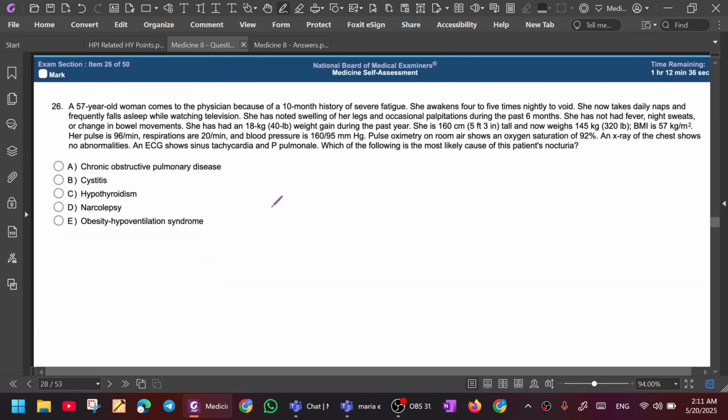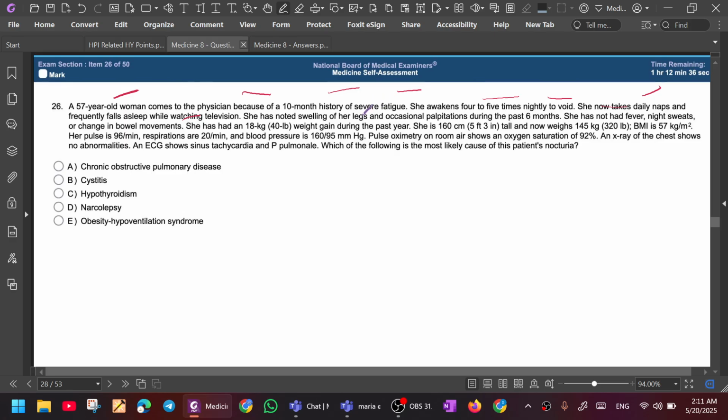A 57-year-old woman comes to the physician because of a 10-month history of severe fatigue. She awakens 4 to 5 times nightly to void. She now takes daily naps and frequently falls asleep while watching television.